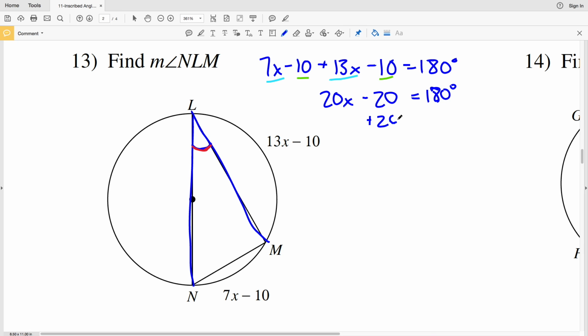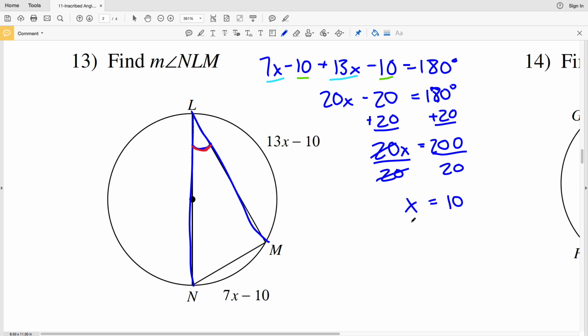So I'll add 20 to both sides to get that 20x is equal to 200. 180 plus 20 is 200. And when I divide by 20, I'll get that x is equal to 10.